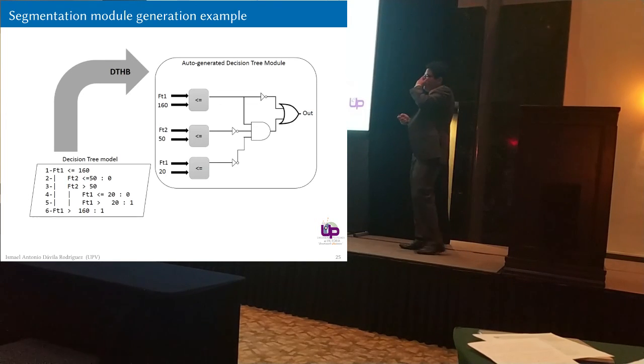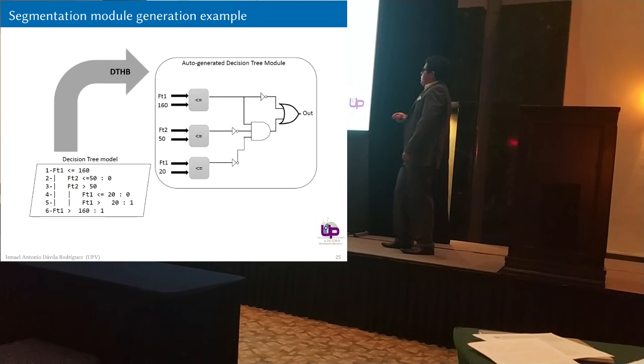So the first stage of the algorithm is to look for all the outputs that would be 1, like in line 5 and line 6. All the branches whose output would be 1. So in line 6, we have the output of 1. Solving this branch is pretty easy, because we only have to compare the first feature with this number, like this, and we need the else statement. So we only have to use a NOT gate there.